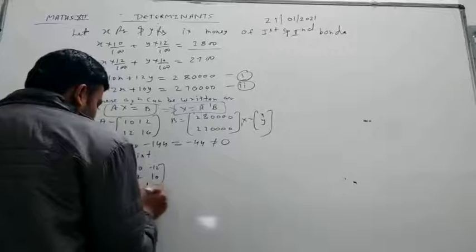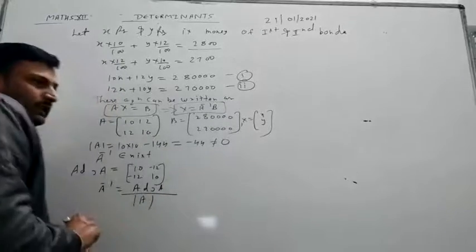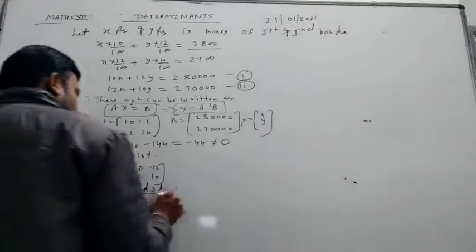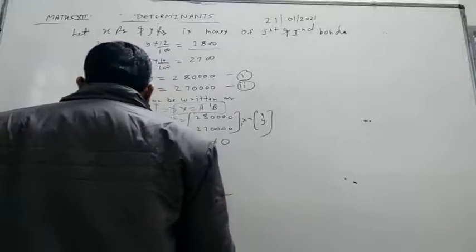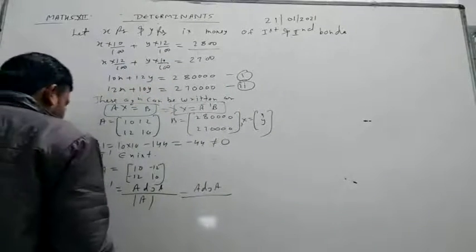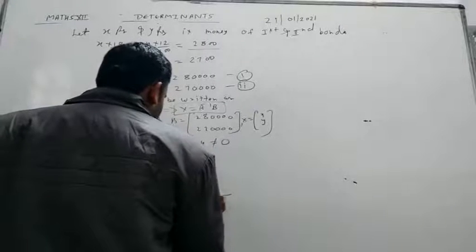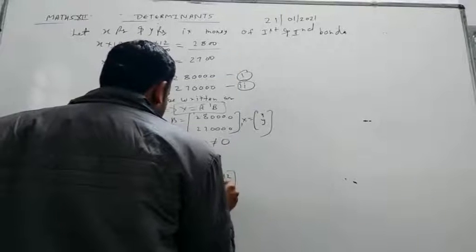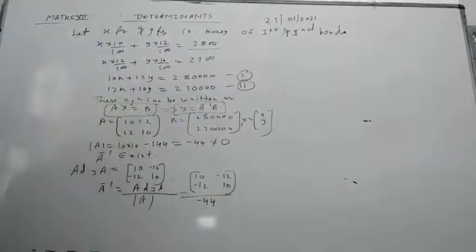Adjoint of A by determinant of A. Okay student, and our determinant of A is minus 44. So we can write 10, minus 12, minus 12, 10 and minus 44. Okay, so A inverse is this, student.